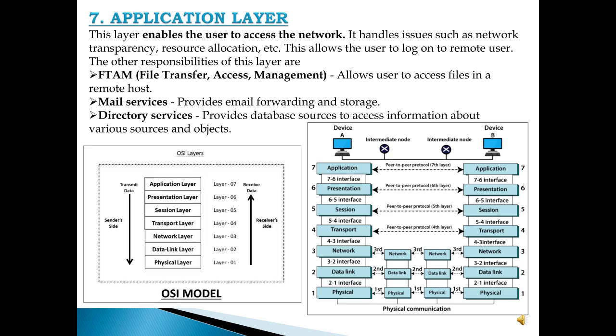So the process which takes place for sending data from physical layer to application layer is known as the encapsulation method. When data travels from application to physical, it is known as the decapsulation method.